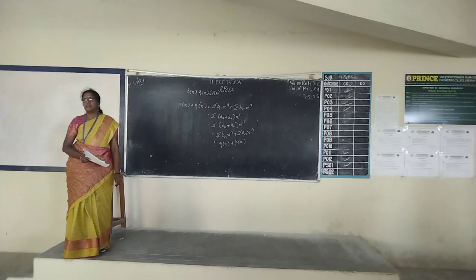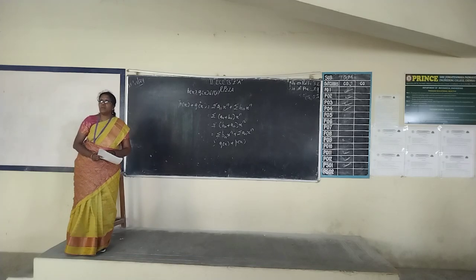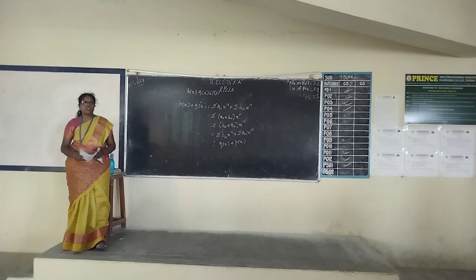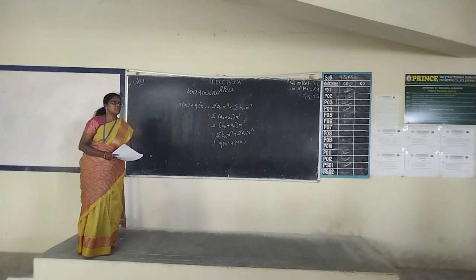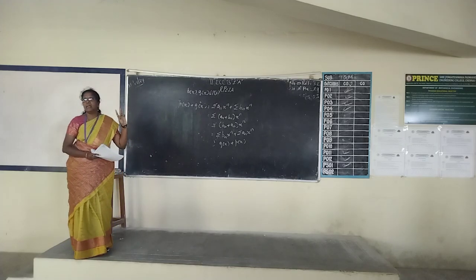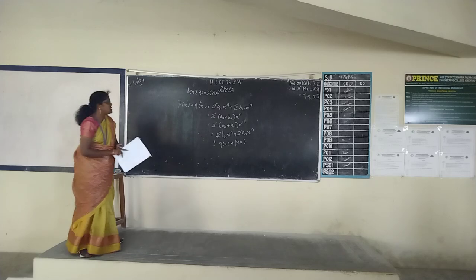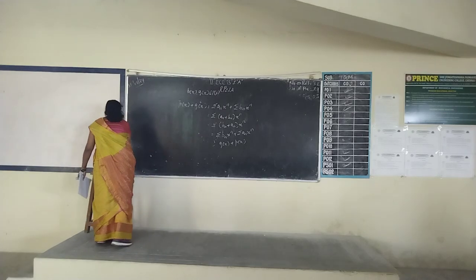Second one, what is the second one? Associativity. So how many polynomials do you have to assume? 3: p, q and r. Second one, associativity.